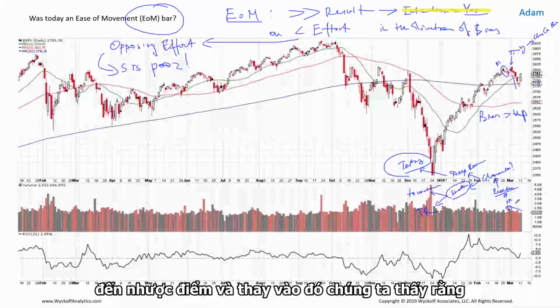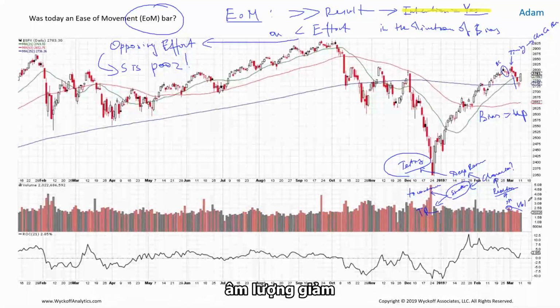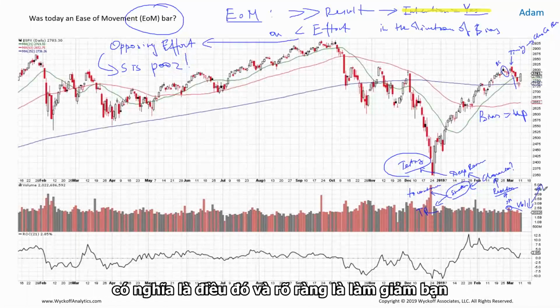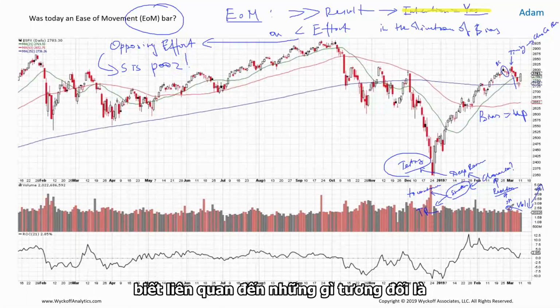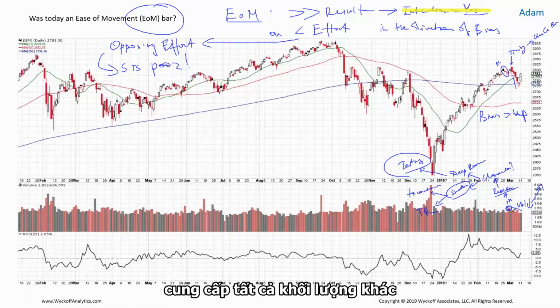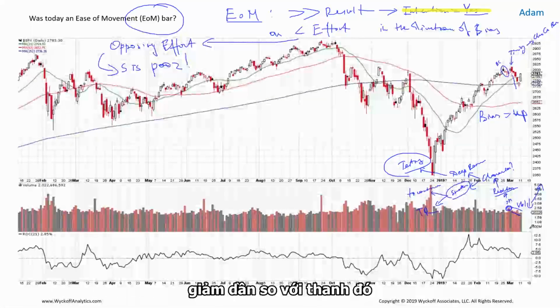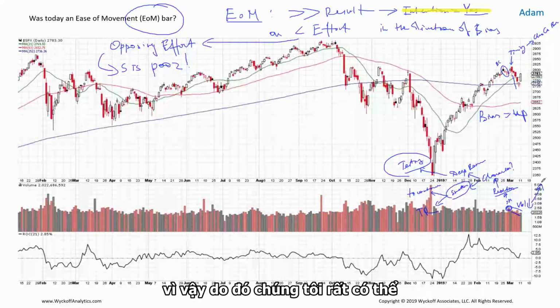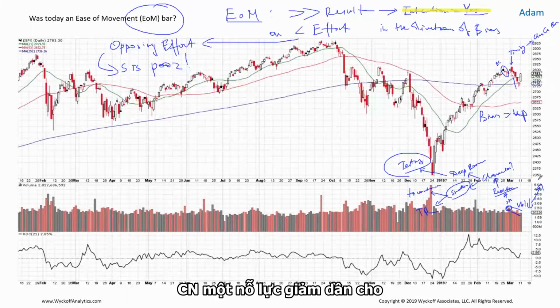And instead, we see that the volume decreases. Obviously decreases relative to what? Well, relative to the bar where we start here on the increase of the supply. All of the other volume signatures to the downside are decreasing relative to that bar. So therefore, we are most likely seeing a diminishing effort to the downside.